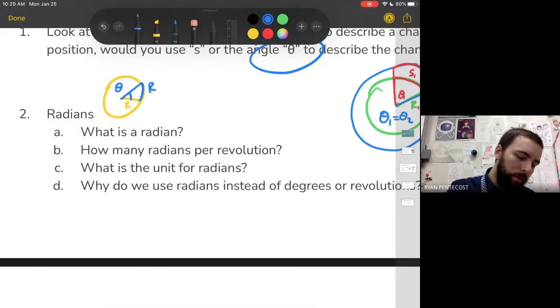That angle that you make if you take the radius of the circle and overlay it onto the circumference, that angle is 1 radian.